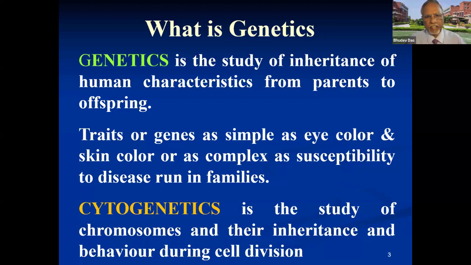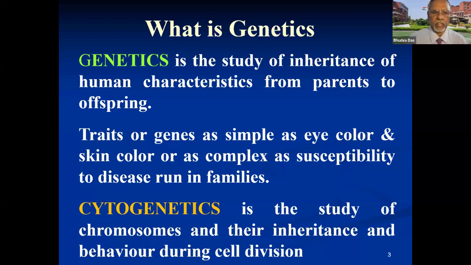Simply, the traits can be called genes. A gene is nothing but the part of the DNA that carries the message, and that is translated into protein. Traits can be as simple as eye color and skin color, or complex traits like susceptibility to disease and hereditary disease.